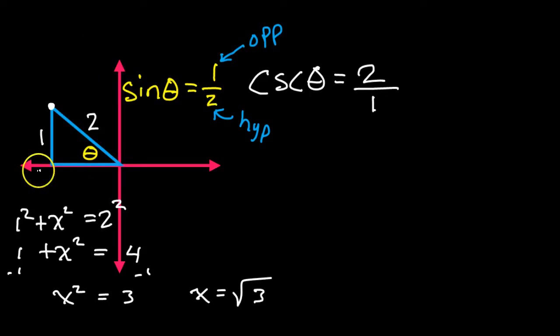So we know that the length of this side of the triangle is radical 3. So the only question is, should it be positive or negative? Well, this is an x value. Is an x value going to be positive or negative in this quadrant? Well, we're going to the left, and to the left is negative, so this should be a negative radical 3.